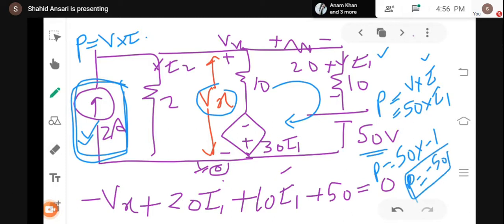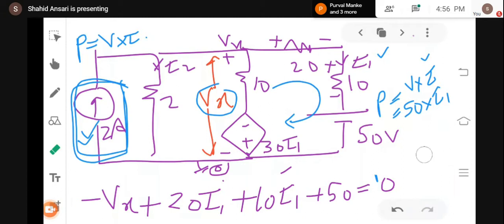Okay. Instead of absorbed power, if we need to find out delivered power, then for delivered power the direction of current will be changed. Okay, for delivered power you are considering this particular source as delivering power, which means this is an active element, and for an active element, current should enter from negative.